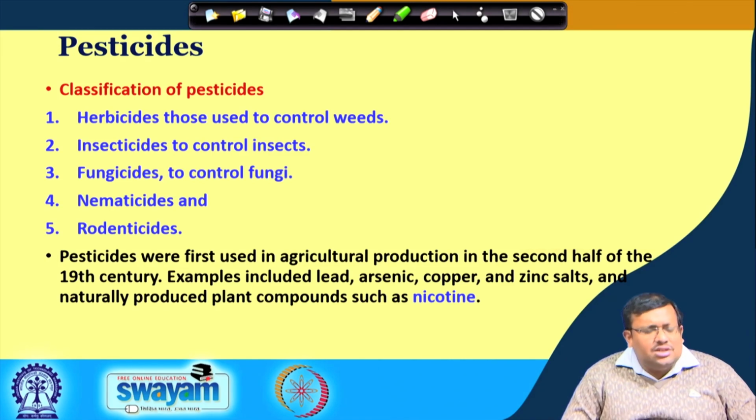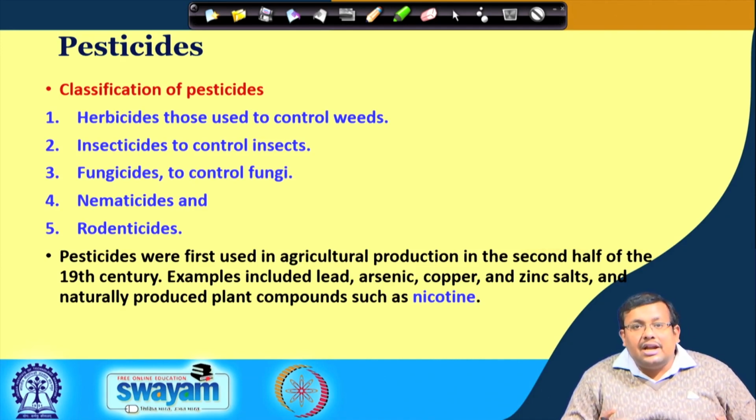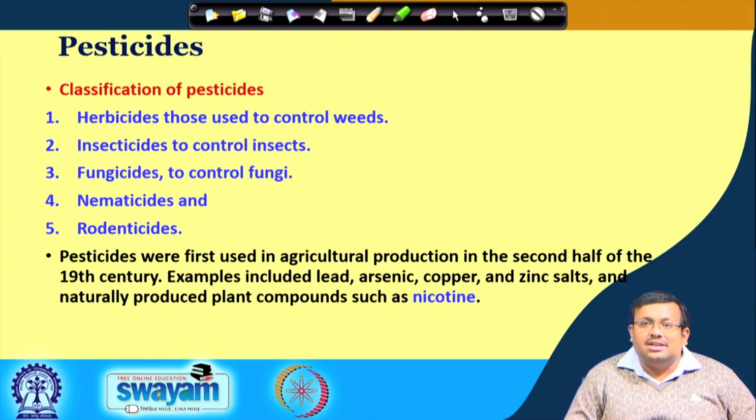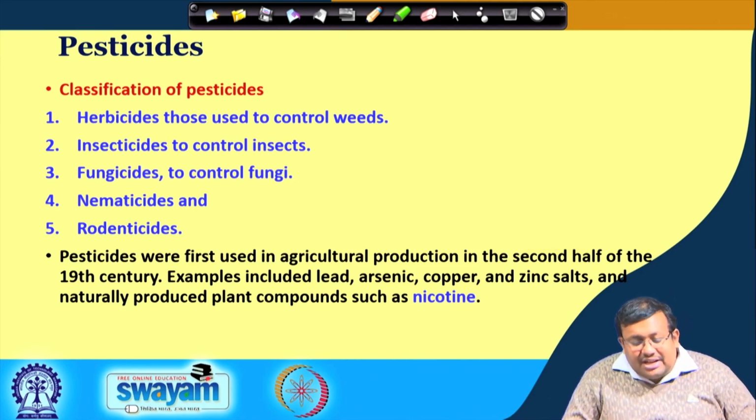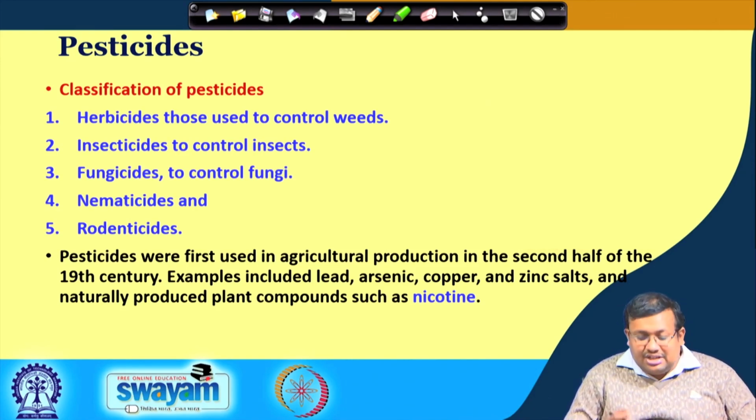So, remember that the pesticides were first used in agricultural production in the second half of the 19th century, and some examples included lead, arsenic, copper and zinc salts, and naturally produced plant compounds such as nicotine. So, all these elements like lead, arsenic, copper and zinc salts, they have insecticidal properties.